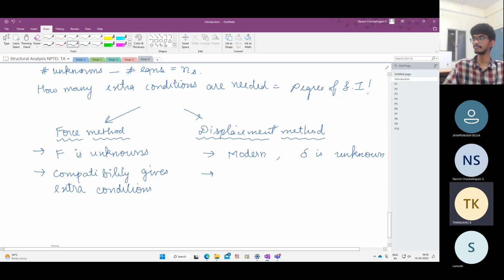One such displacement method of analysis is FEM, finite element method, which is much beyond displacements, but for structural analysis, you can consider it to be a displacement based method. Now here, the primary variables are the displacements, and what helps us solve for these unknown displacements is equilibrium equations.